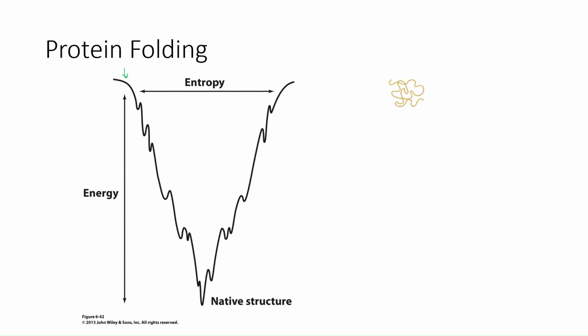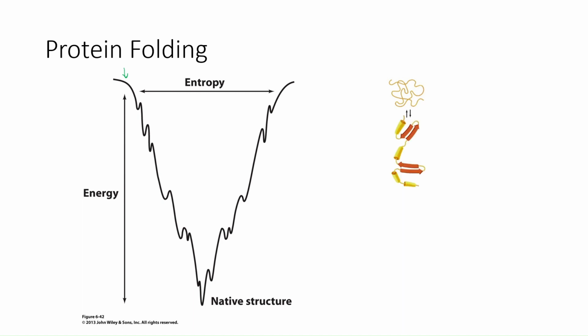Let's say it's a brand new protein, it just got translated, it hasn't found a shape yet, or for whatever reason it got unfolded. Here it has fairly high energy, and it's fairly disordered, so it also has high entropy. And so the protein naturally is going to try to find a lower energy shape that also causes it to be more orderly and therefore also decrease entropy.